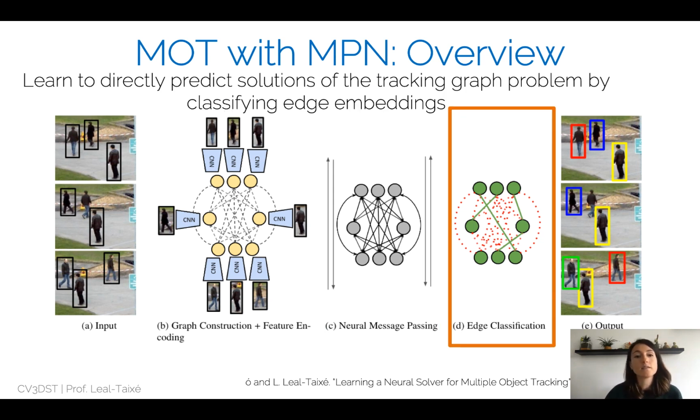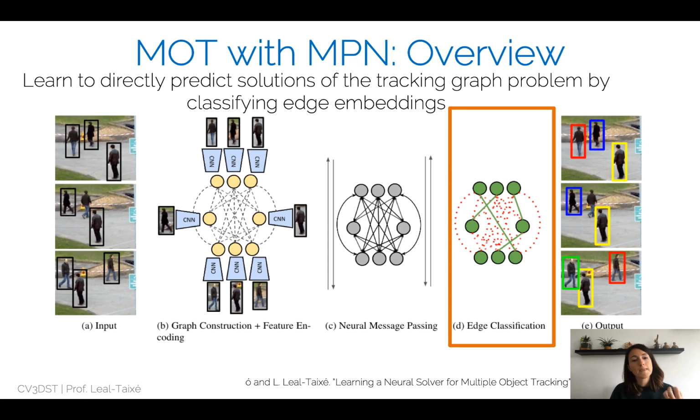And once this is done, what we can do is we can directly put, for example, an MLP on top of each edge, and we can actually start by classifying edges. So we classify edges into active connections, which means that the two nodes that it is connecting belong to the same trajectory, or inactive connections, meaning these two bounding boxes have nothing to do with each other.